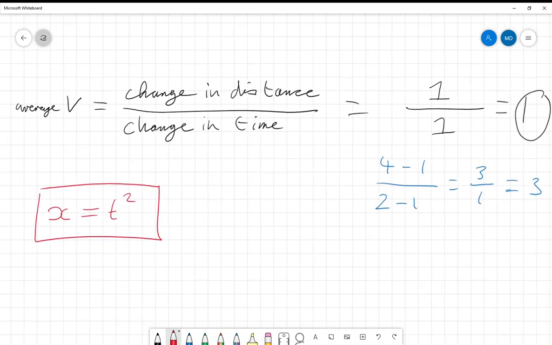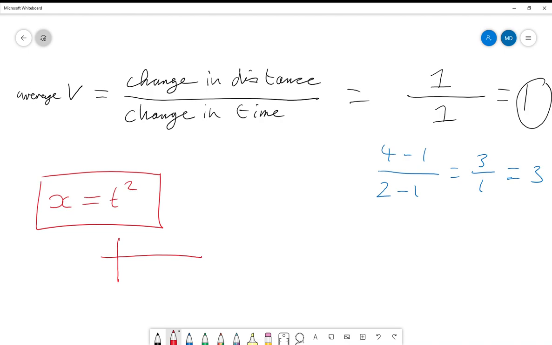Assuming that, we could actually consider this table, time and distance. Well, we know that 1 and 1, we've already got that, but let's consider 1.1 and 1.1 squared, which is 1.21.